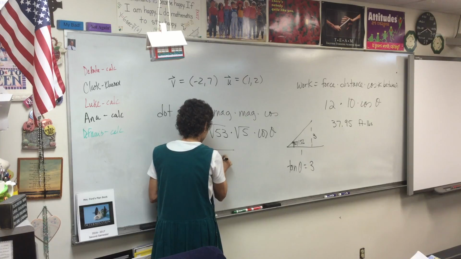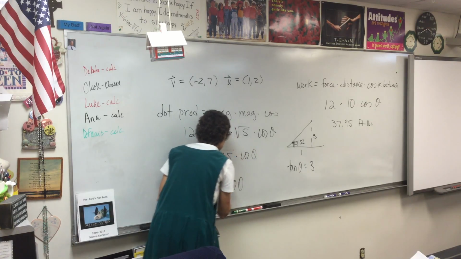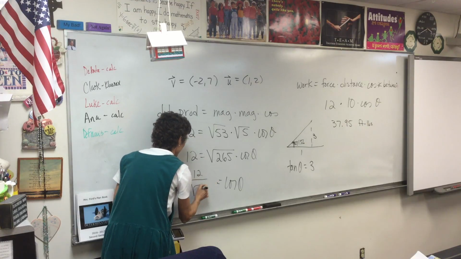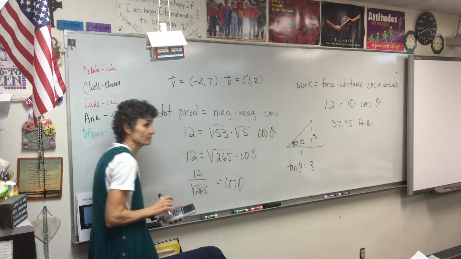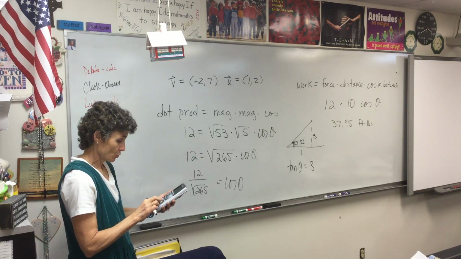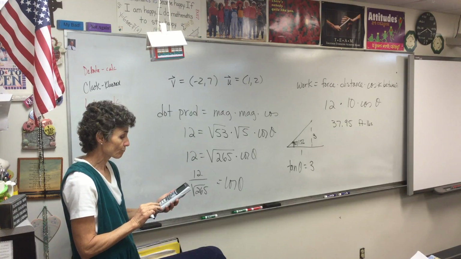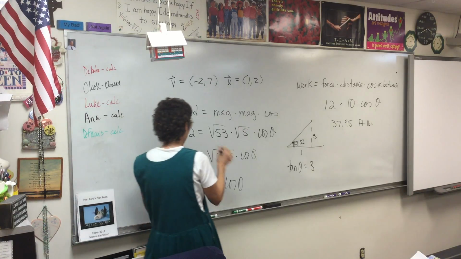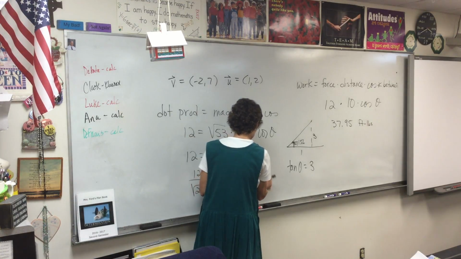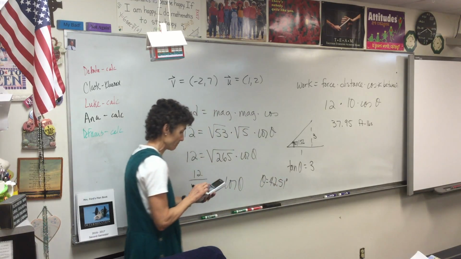It'll just make it easier for me to type in. So the cosine of theta is 12 over root 265. So second cosine, 12 divided by the square root of 265. I got 42.51 degrees. Anybody match that? Yeah.